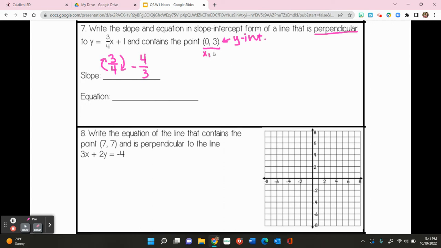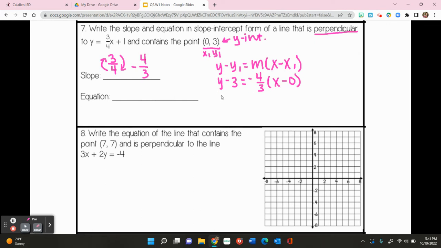So I can go ahead and solve it that way, x1, y1, and then once I solve it that way, I'll show you another way. So I have y minus y1 equals m parentheses x minus x1. So I have y minus 3 equals negative 4 over 3 parentheses x minus x1, which is 0.